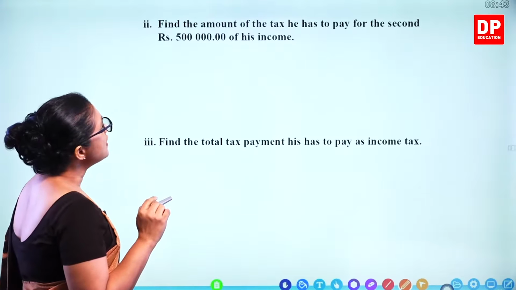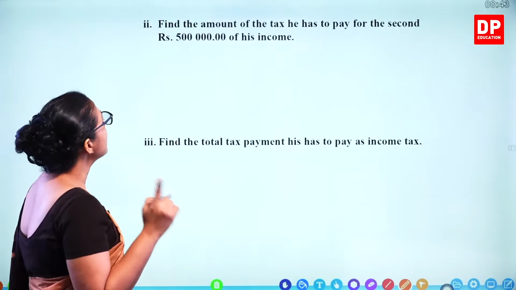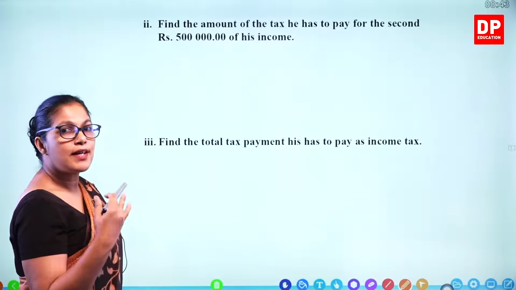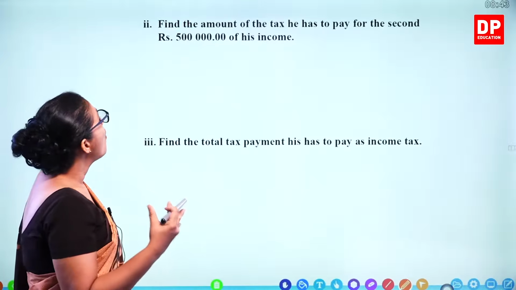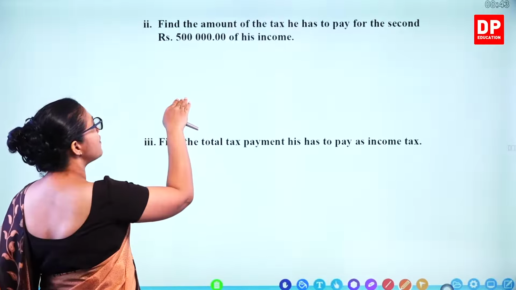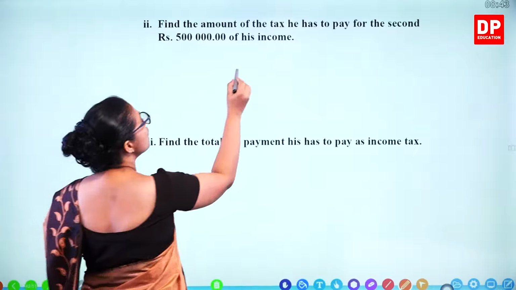Find the amount of the tax he has to pay for the second 500,000 of his income. So again, it's more than 500,000 because 700,000. So we have to calculate for 500,000, that's 4%.